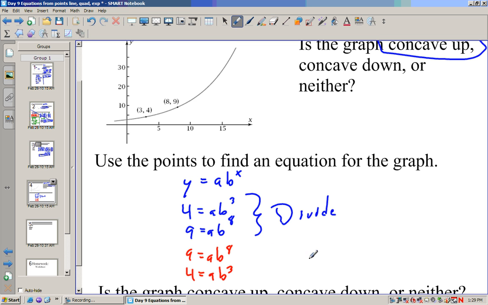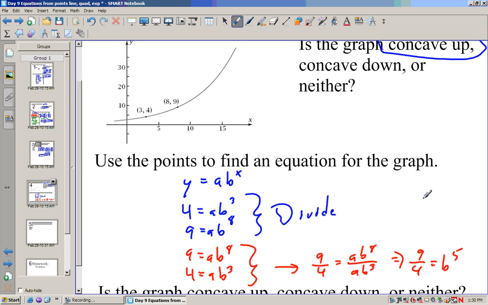And now when I divide, I'll have 9/4 is equal to ab to the eighth over ab to the third. A divided by a cancels out, and b to the eighth over b to the third is b to the fifth.